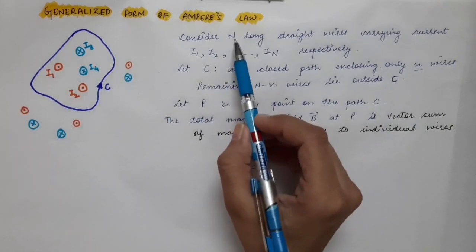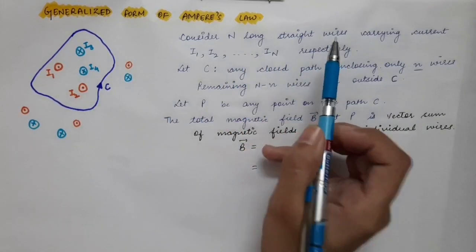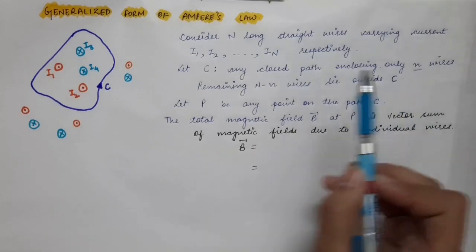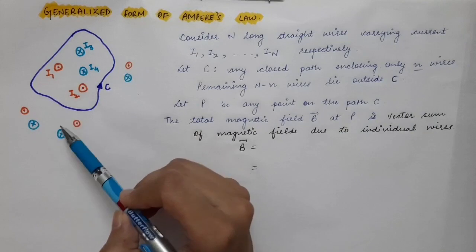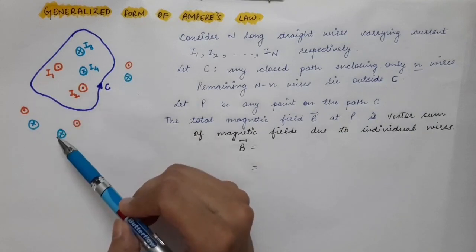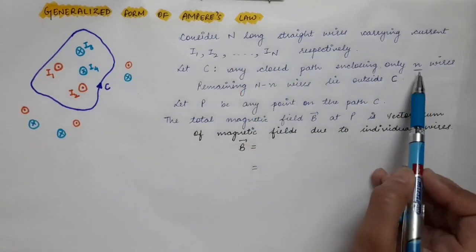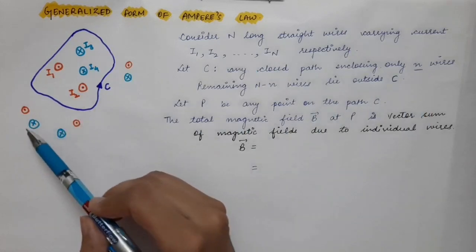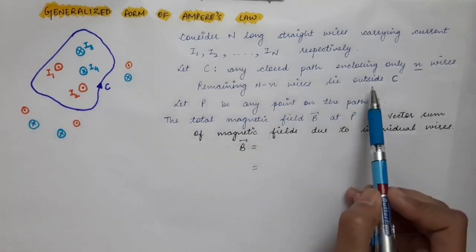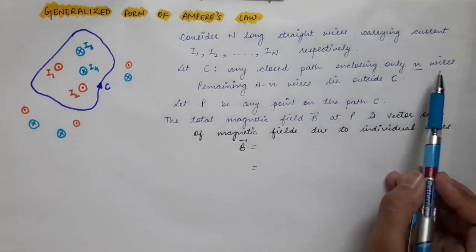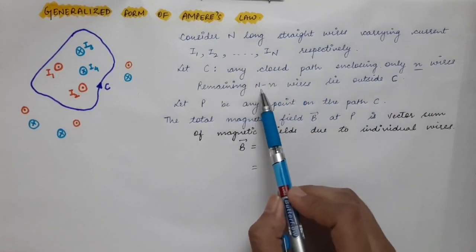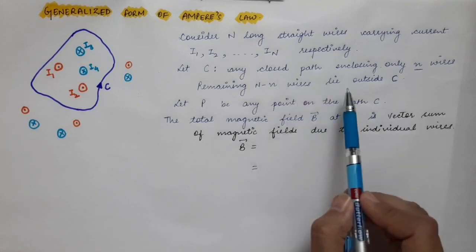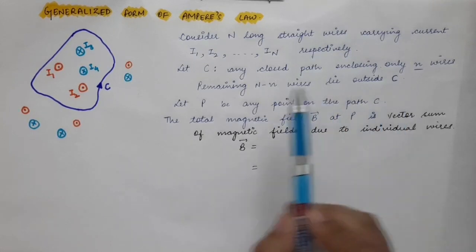From these capital N wires, only small n wires are enclosed within this path, and all the remaining wires, that is N minus n wires, lie outside this closed path.